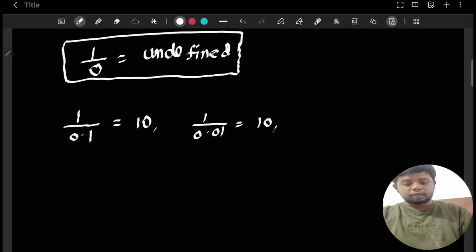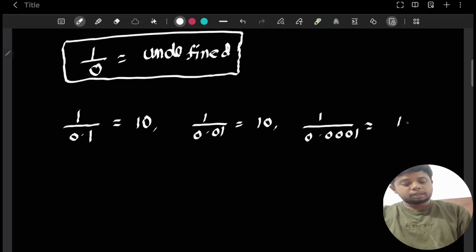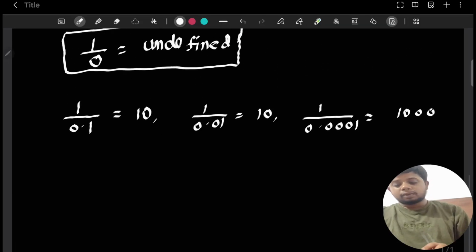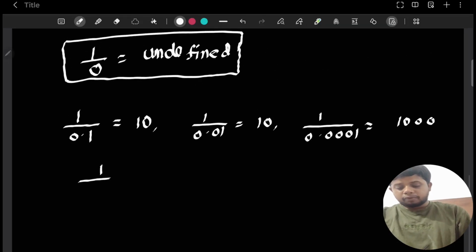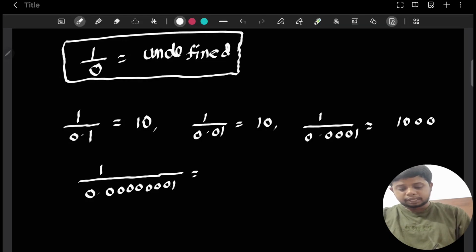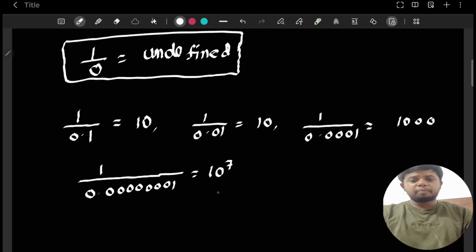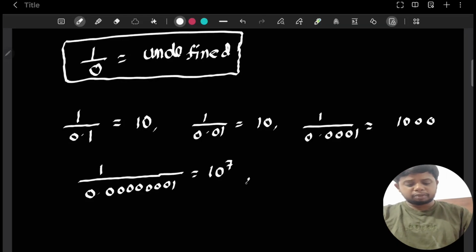You will get 100. Next, if I ask 1 by 0.0001, you will get 10000. With 0.0000001, we count 1 2 3 4 5 6 7, so 7 zeros are there. That means the answer should be 10 power 7. You can see 10 power 7 is a very big number, isn't it? Yes, this is a very big number.